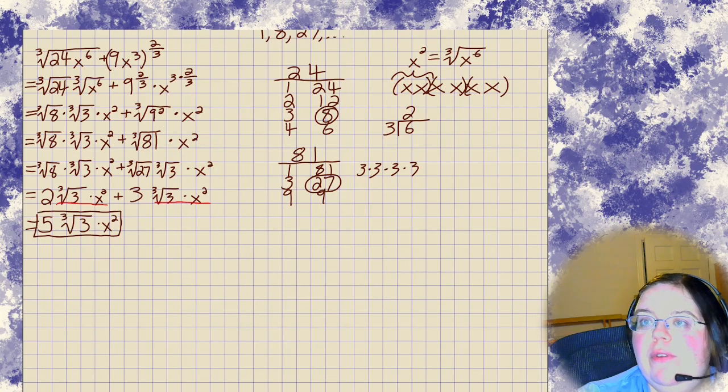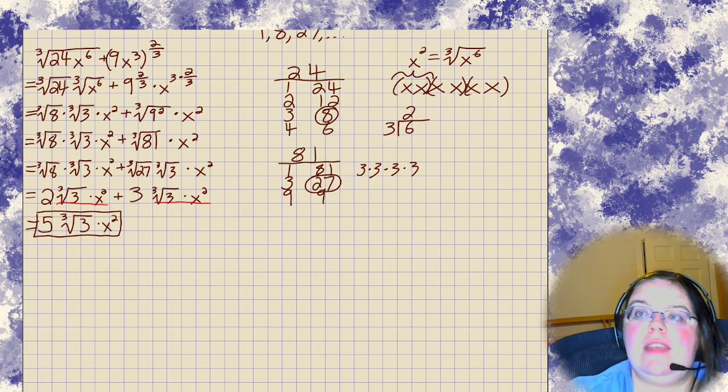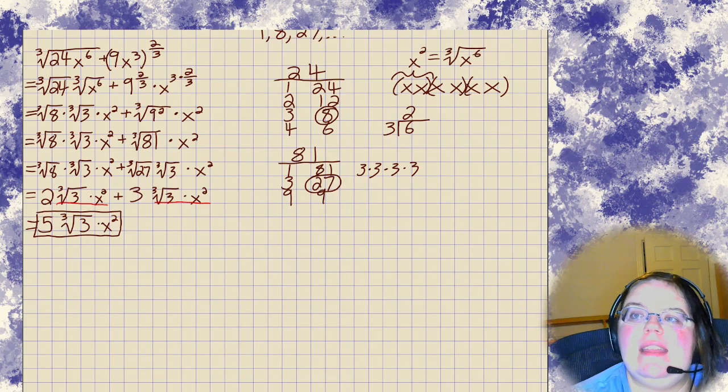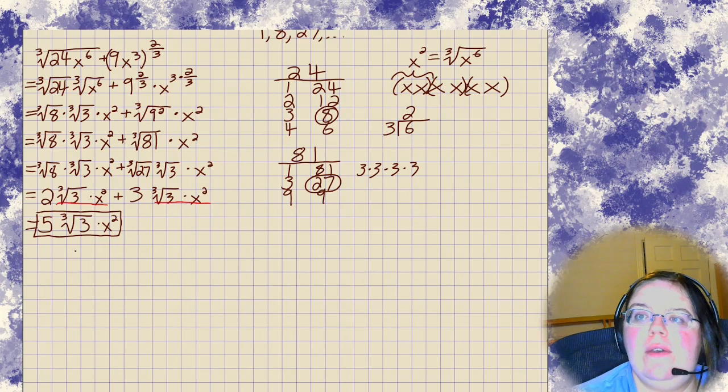And this would work for a final answer, and it would be accurate for all problem-solving purposes. And there's even a sense in which this could be considered sort of a canonical form of it, because you've got all your constant factors out front. Another thing, though, that we'll often do is make it so that the radical factor is the last. So that form would be 5x squared times the cube root of 3.